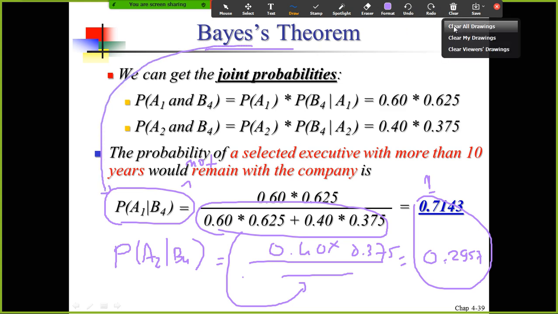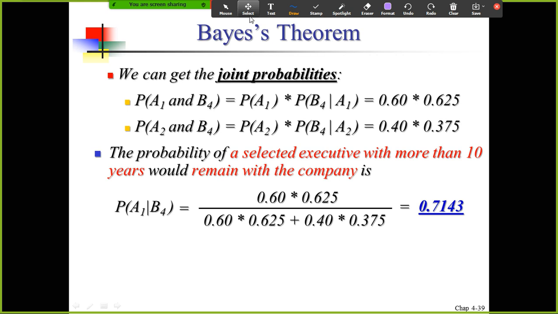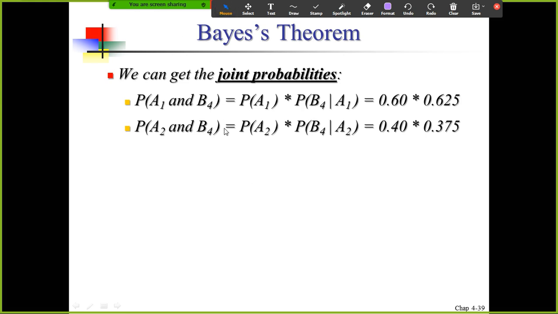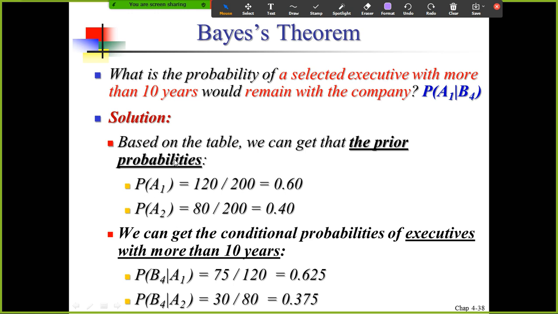So this is what we call posterior probability from Bayes' theorem. Again, maybe you will ask, teacher, I don't remember this one, I don't understand why we need to take this one. This one is an extension of the other probability. You can see my explanation based on the table. First we need to find the prior probability, the first probability, and then we find the conditional probabilities as the second probability.